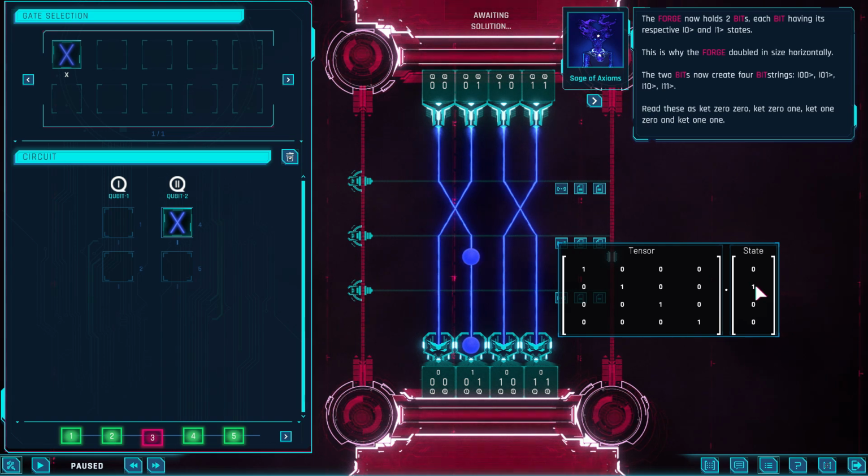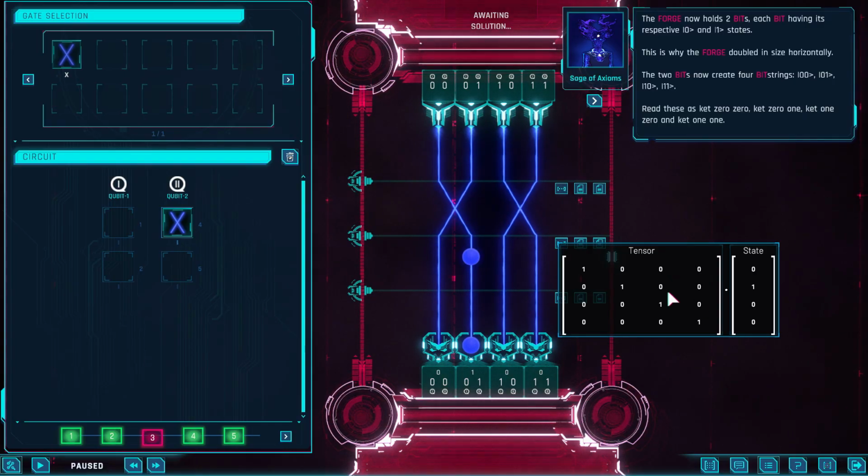If this is the 2, we should have an output of the 2's place. If the 3 was the state, we'd have the output of the third value. And if this was the state, we'd have the output of the 4th value over here. And that's how that works.